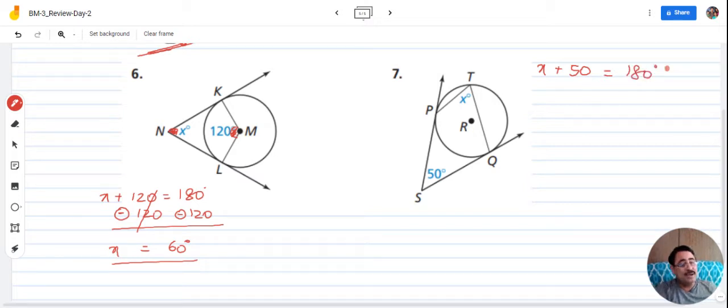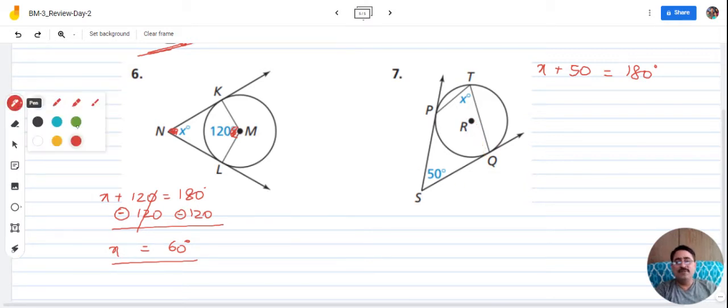You may write that, but that is not the right concept, because here x is not the central angle. Please notice that x is not the central angle, and the concept says that the sum of the central angle and the angle formed here, these two together, is 180.